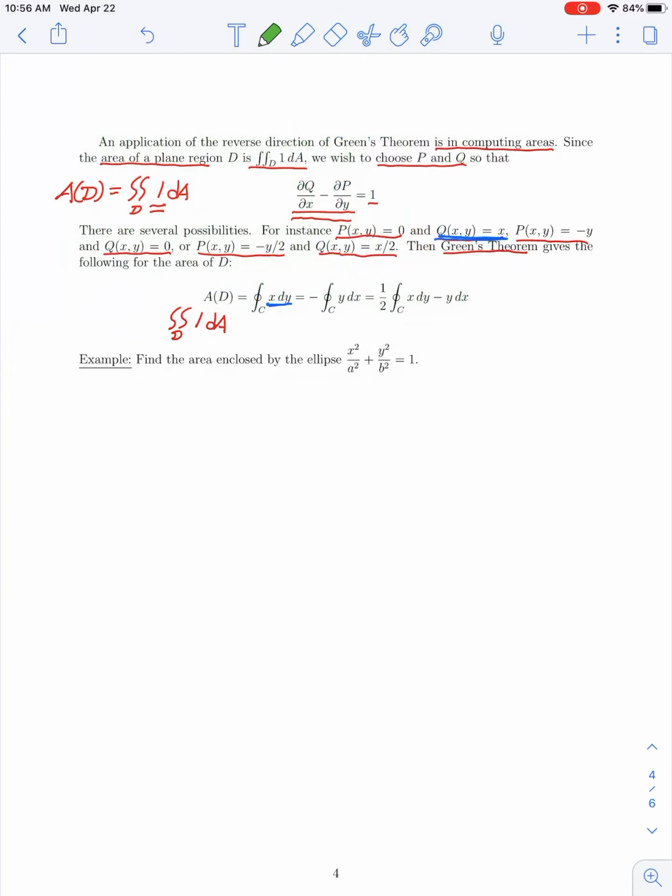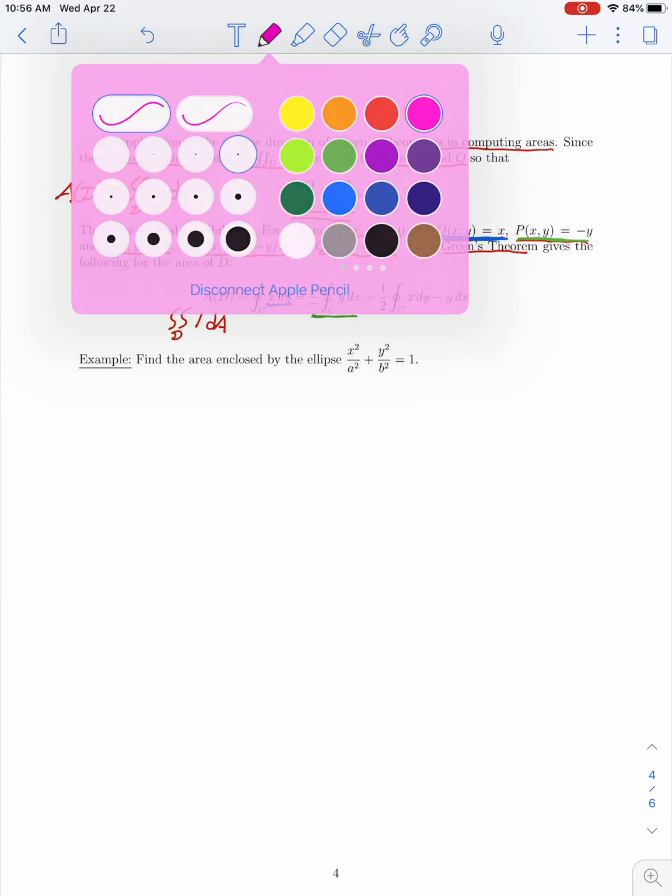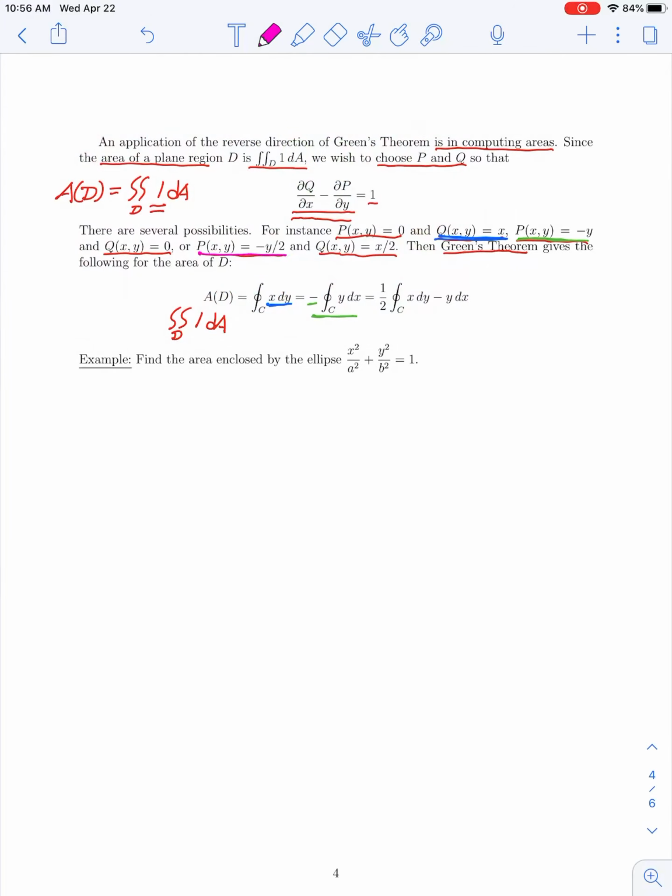In our second choice, where we took p as negative y and q to be 0, we would have a constant negative 1 out in front of the line integral over the curve C of y with respect to x. Or in the last case, where we chose p and q equal to negative y over 2 and x over 2, we would have x over 2 integrated with respect to y minus y over 2 with respect to x. So we can pull out that constant 1/2.